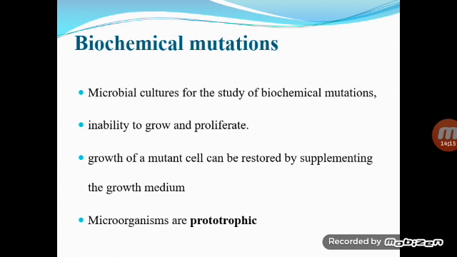This change typically results in an inability to grow and proliferate. In many cases, growth of mutant cells can be restored by supplementing growth medium with a specific nutrient.